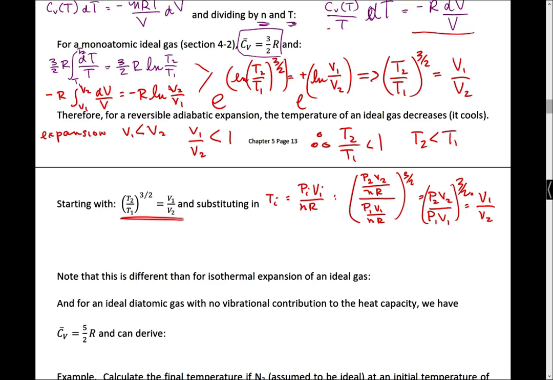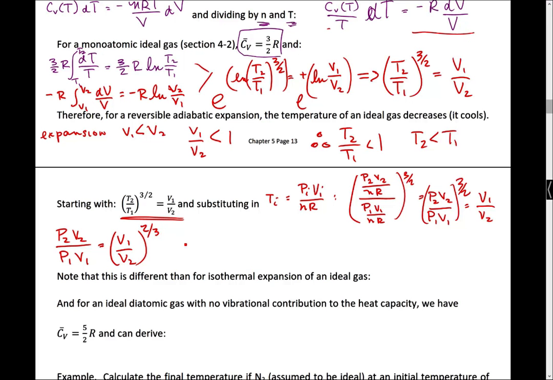Now I want to get P2 V2 on one side and P1 V1 on the other side. To make the arithmetic a little simpler, I want to get rid of this 3/2. So what would I raise both sides to? 2/3. That gets me P2 V2 over P1 V1 is equal to V1 over V2 to the 2/3.